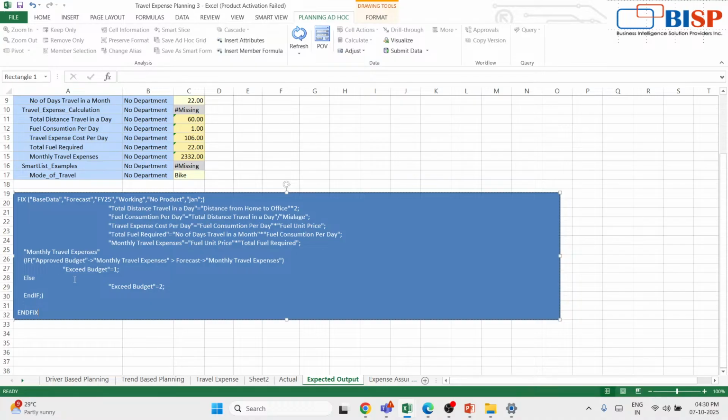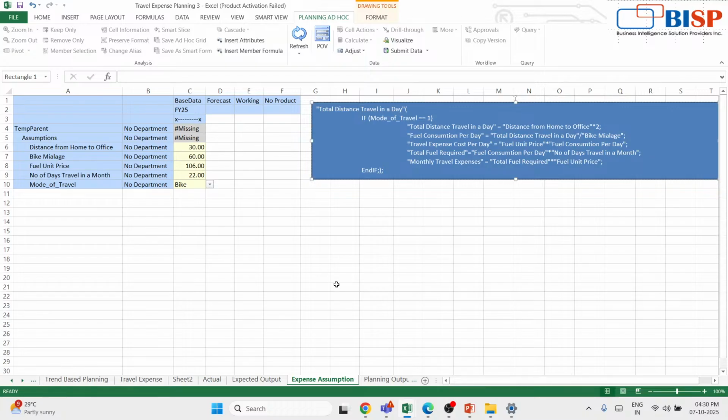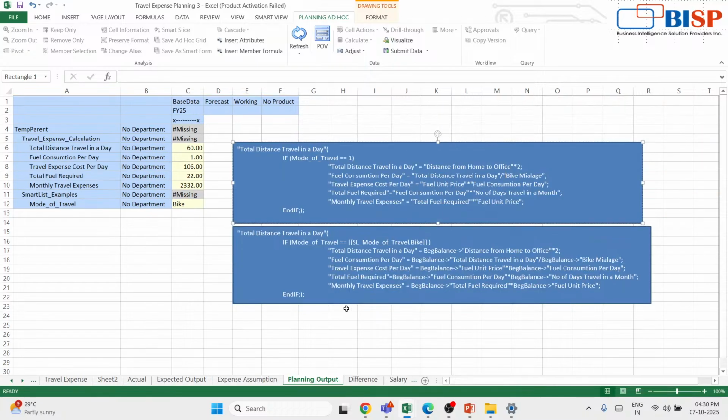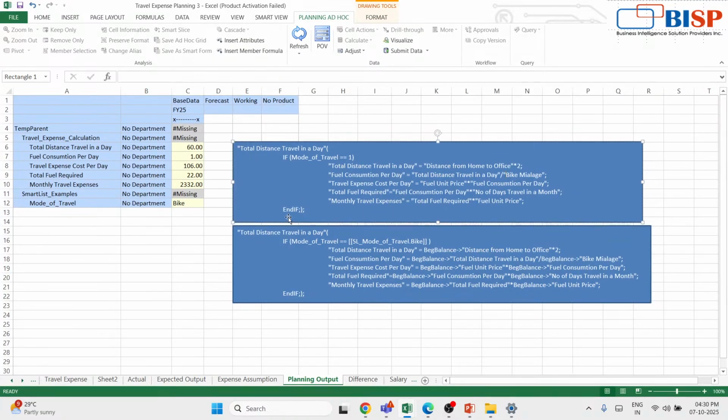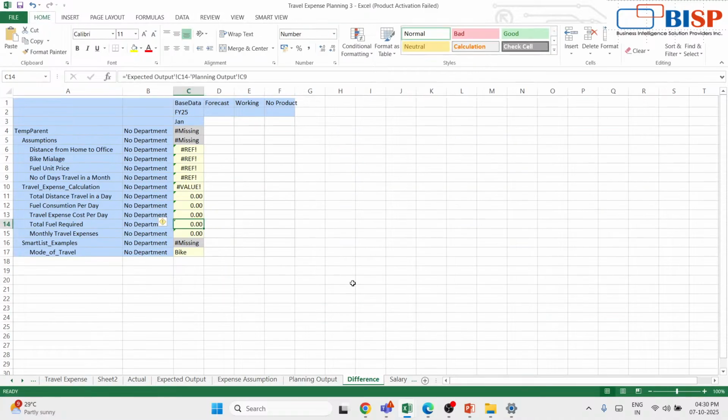And if it would exceed the budget, then what else would happen? And if exceed budget equals 2, then what would happen? So the planning output, same way, here we have seen that is the difference.